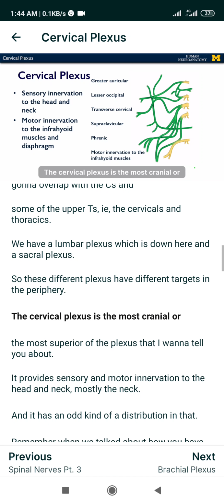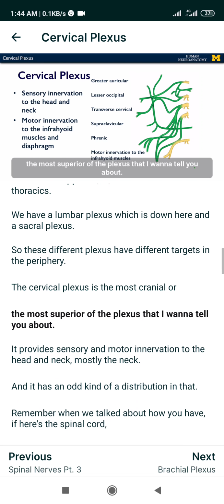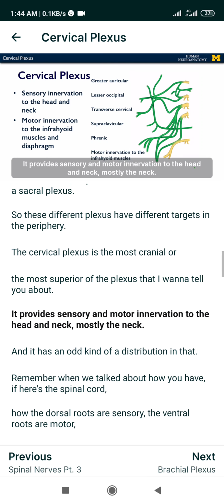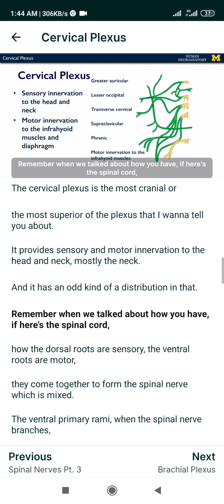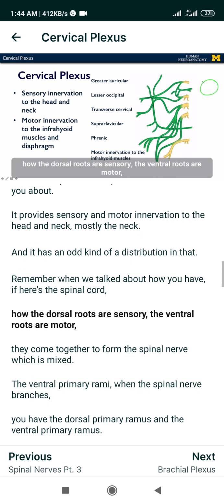The cervical plexus is the most cranial, or the most superior, of the plexuses that I want to tell you about. It provides sensory and motor innervation to the head and neck, mostly the neck, and it has an odd kind of distribution. Remember, the dorsal roots are sensory and the ventral roots are motor.